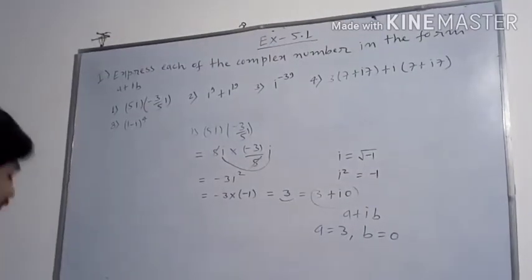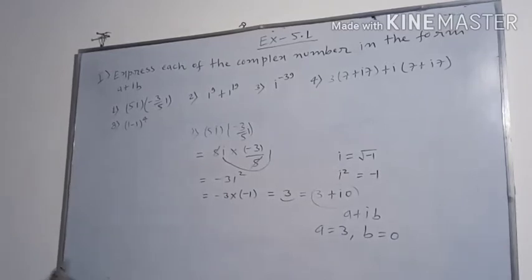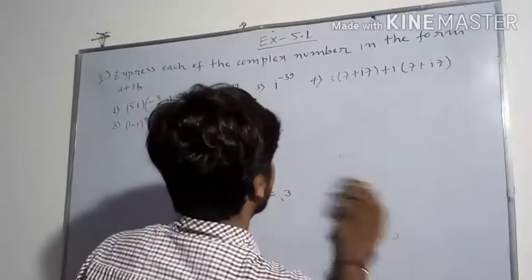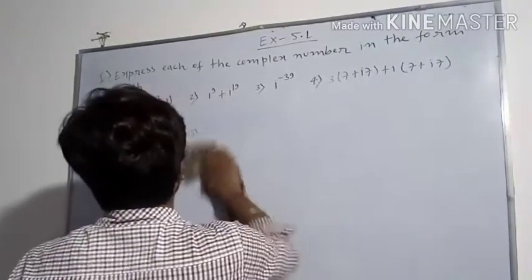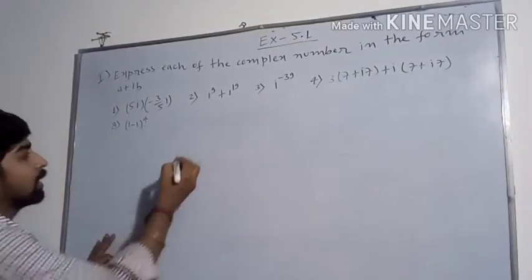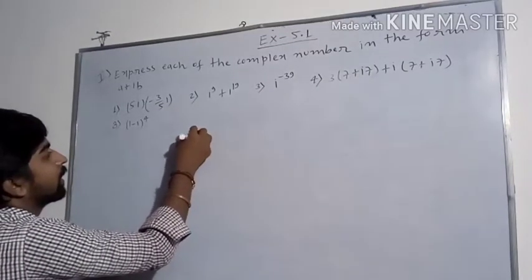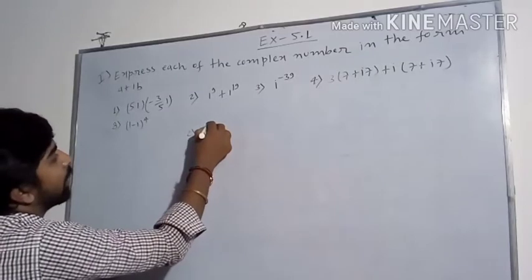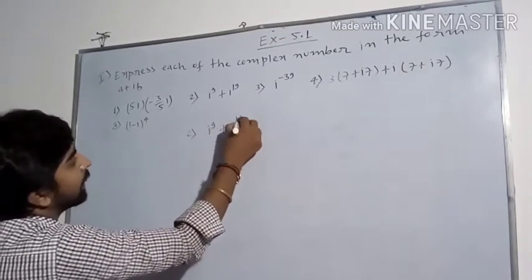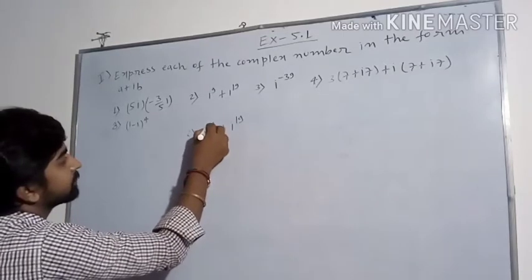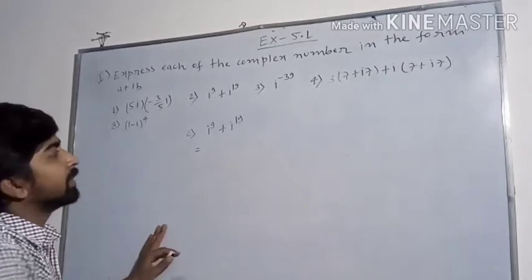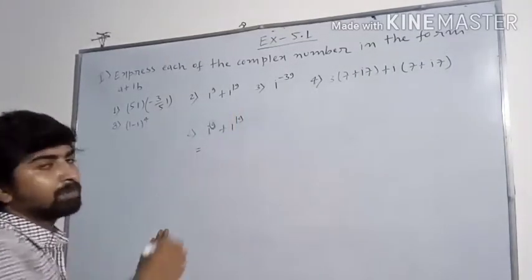Let us express another complex number in the form a plus ib. Another complex number is i to the power 9 plus i to the power 19. Students, we will divide these powers by 4.